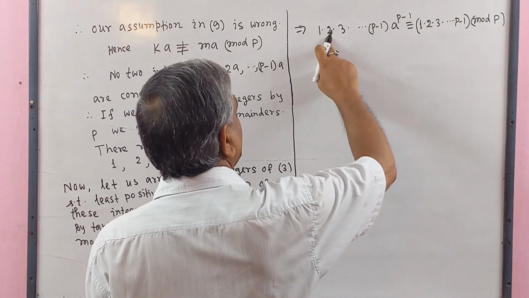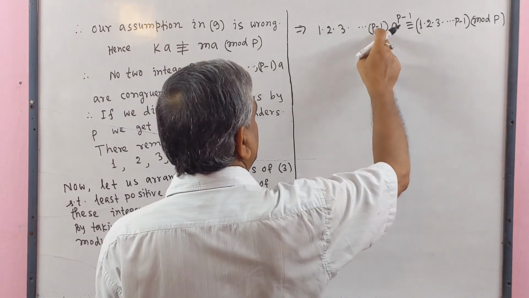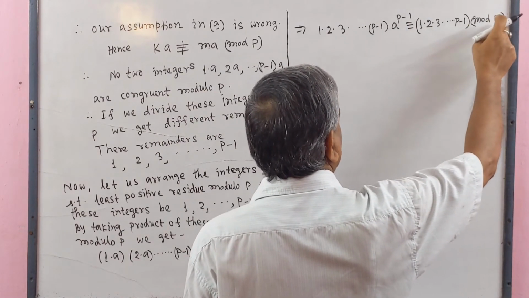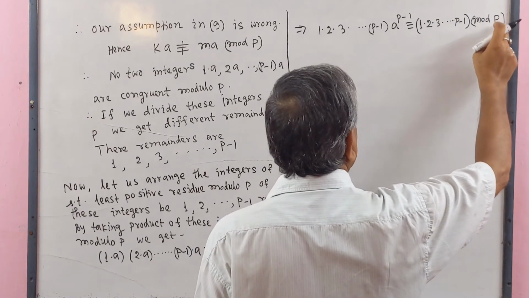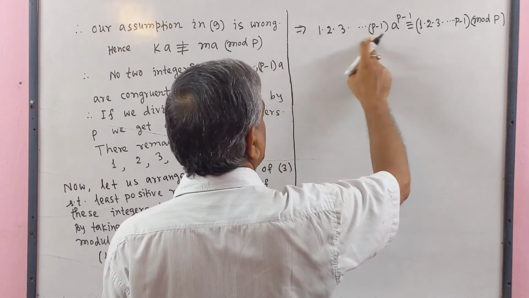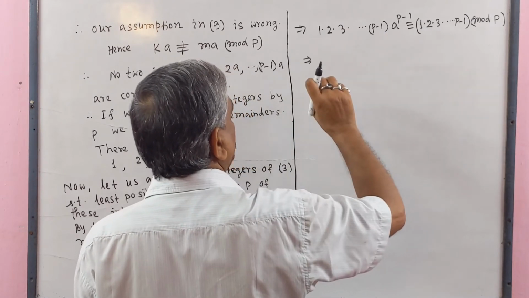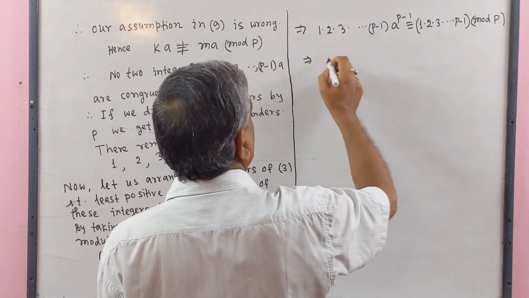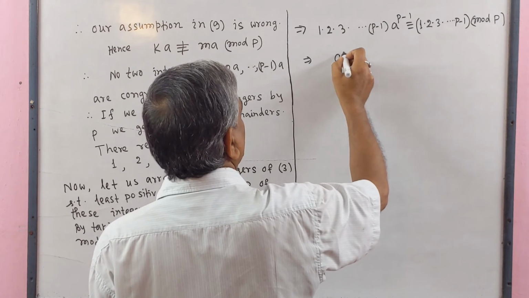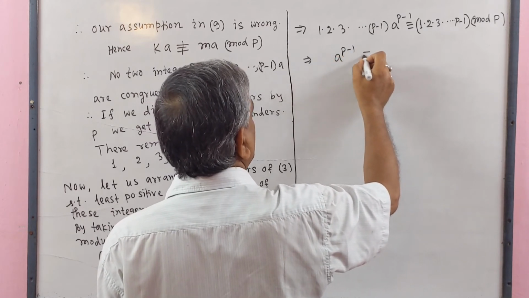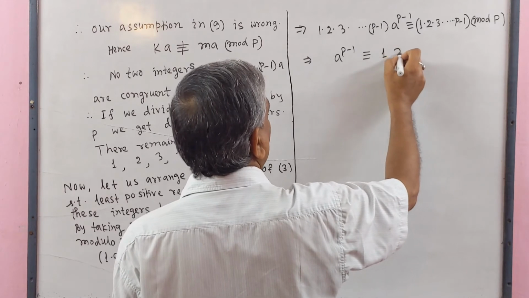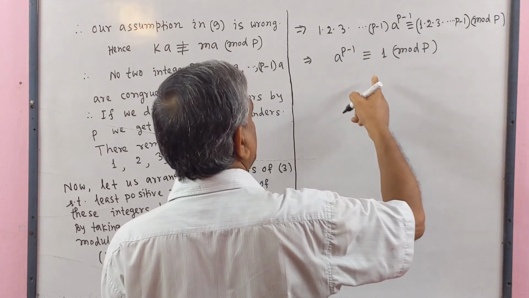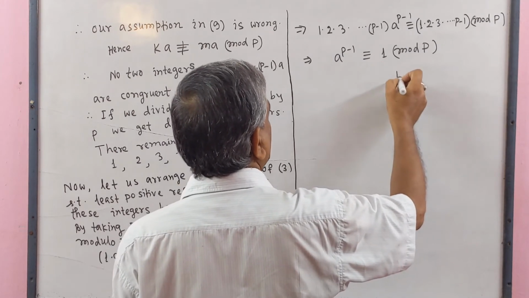Since 1 multiply 2 multiply 3 multiply ... multiply p minus 1 is relatively prime to p, that means GCD of p and this product is 1. Therefore, we may remove this product from both sides. This implies a to the power p minus 1 is congruent to 1 modulo p. Hence, Fermat's little theorem is proved.